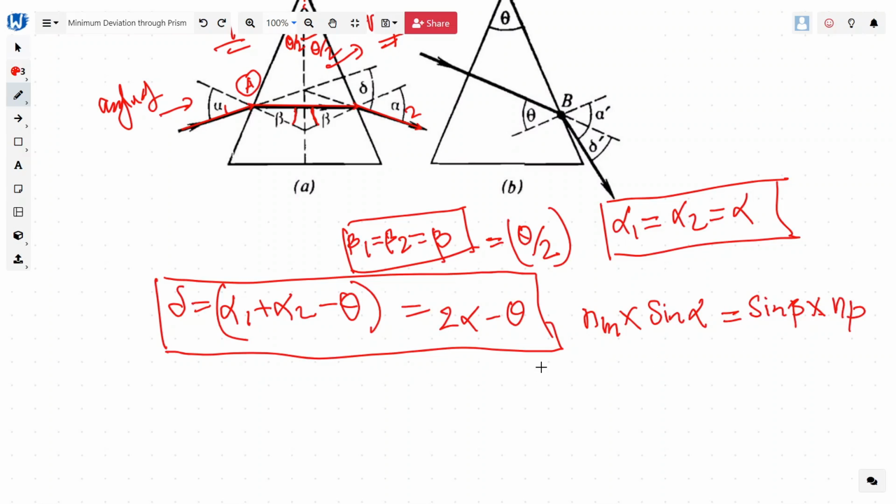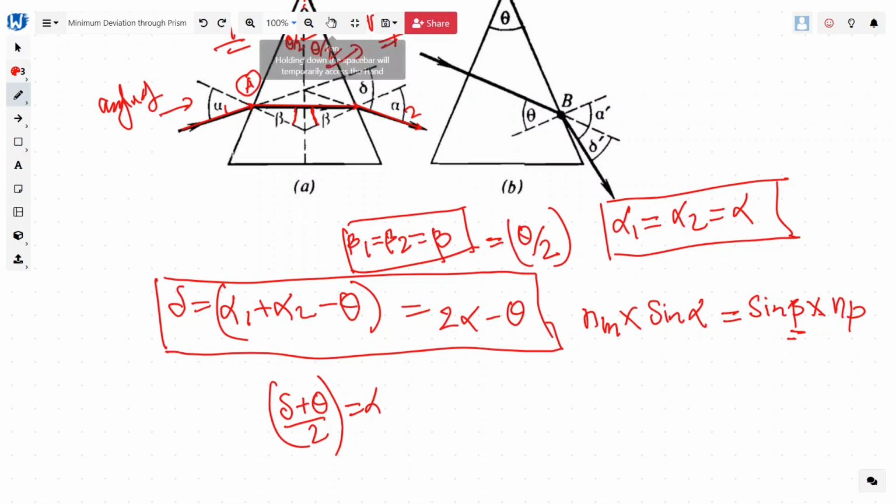Okay, that we know. And finally, for solving this, we arrived at a very simple equation. So sine of alpha, sine of beta, Np. So beta is nothing but theta by 2, and from the deviation equation, alpha is going to be equal to delta plus theta by 2.